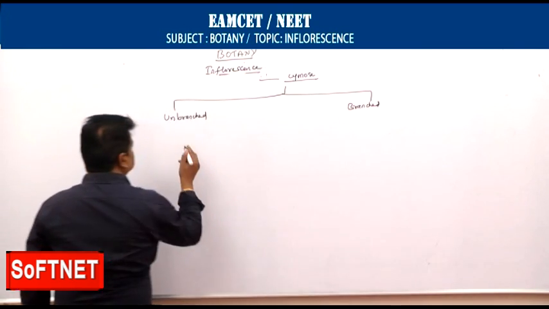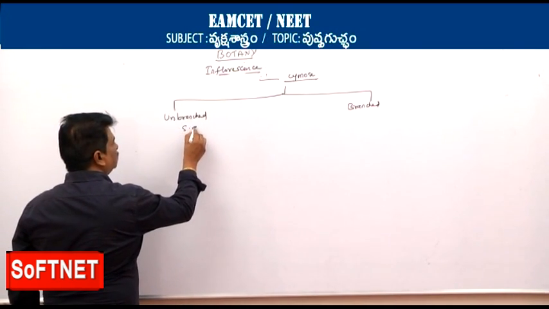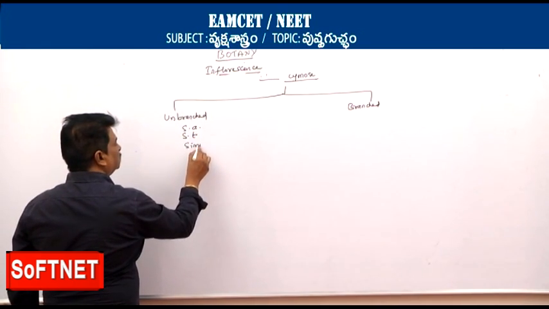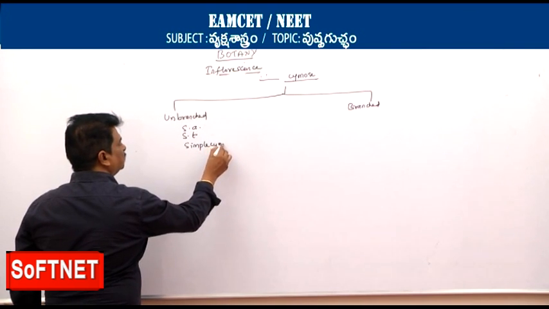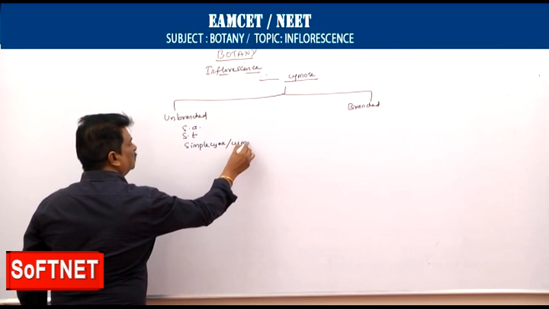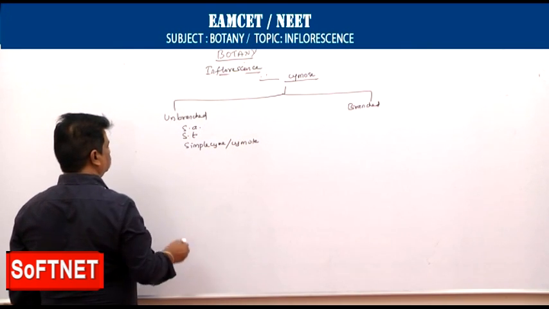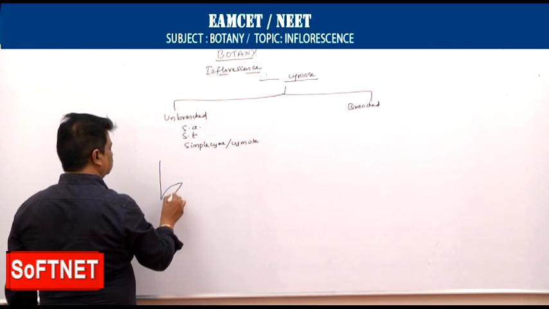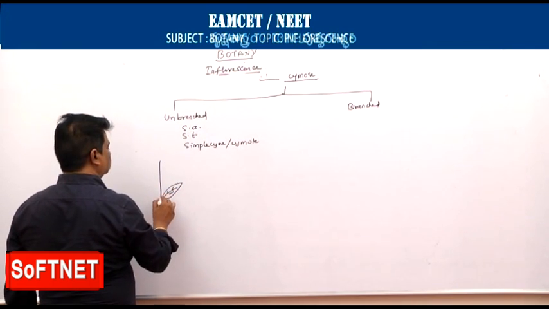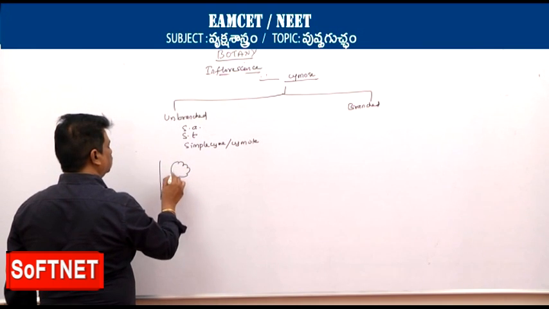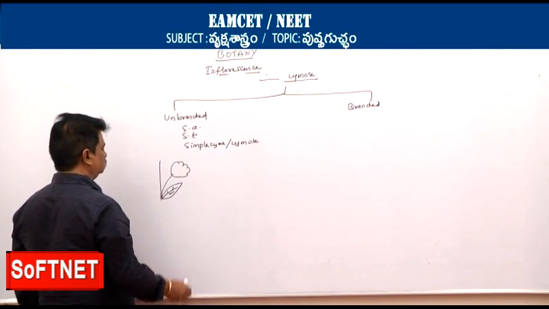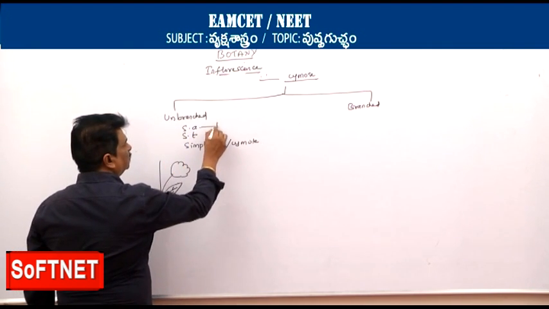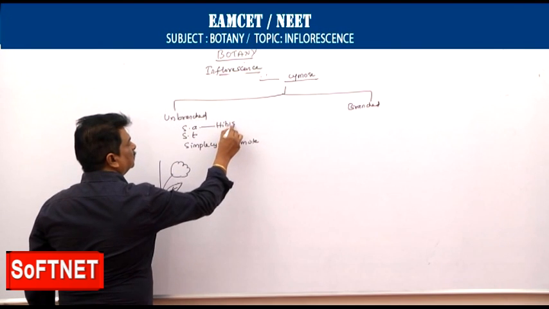Unbranched is of three types: solitary axillary, solitary terminal, and third one simple cyme, also called cymule. In solitary axillary, if axillary bud ends with flower, it is called solitary axillary.